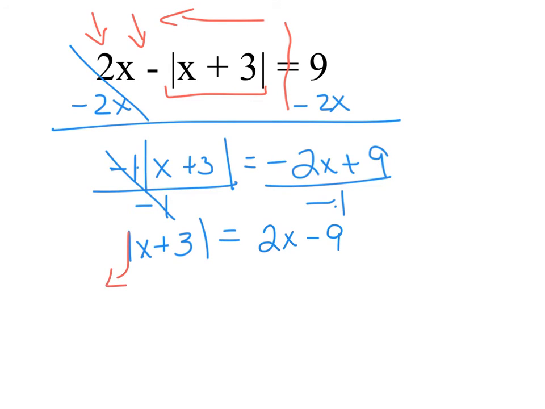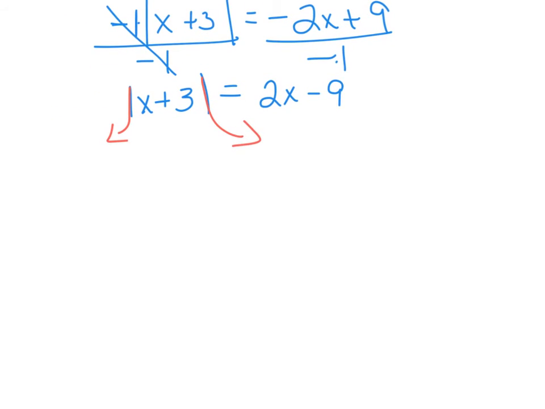So I like to create my two equations here. And what's inside the absolute value stays the same. Okay? So do not change that. Everything outside the absolute value is going to change. So the positive 2x went to negative, and the negative 9 went to positive.